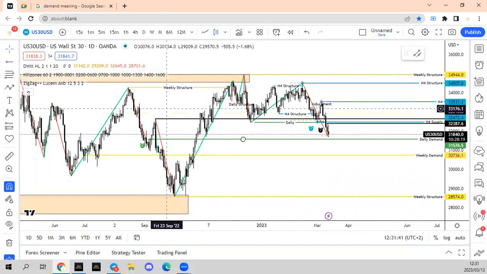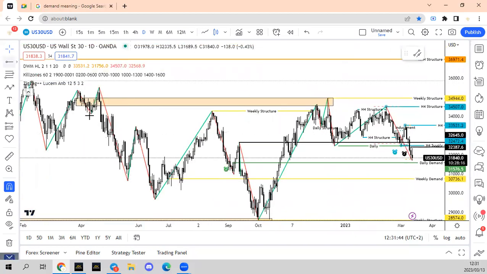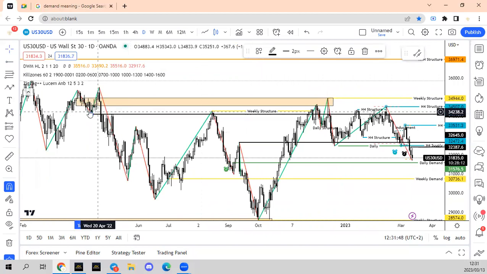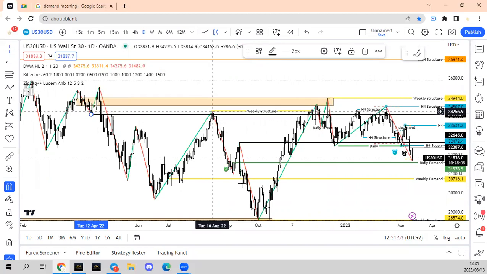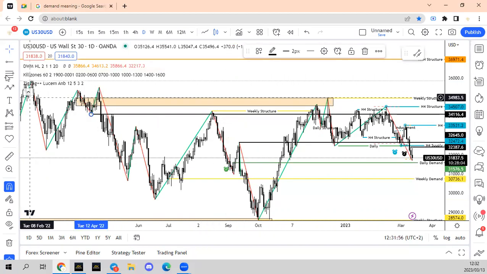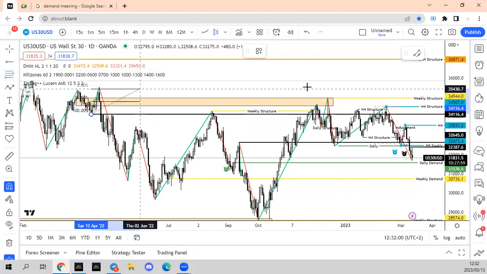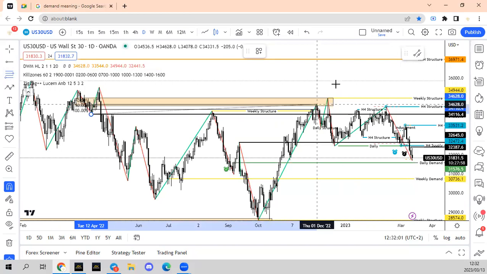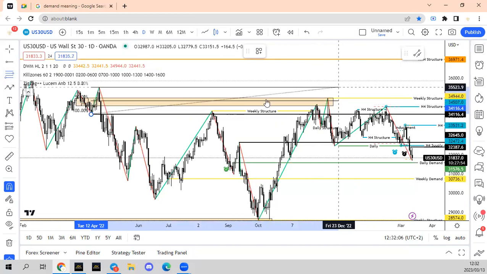We can see in this example that price came to mitigate out of this supply. Do you see this? Buy to sell, it mitigated out of supply and actually continued down. Later on, it's coming back to the equilibrium, at least the equilibrium of this supply.